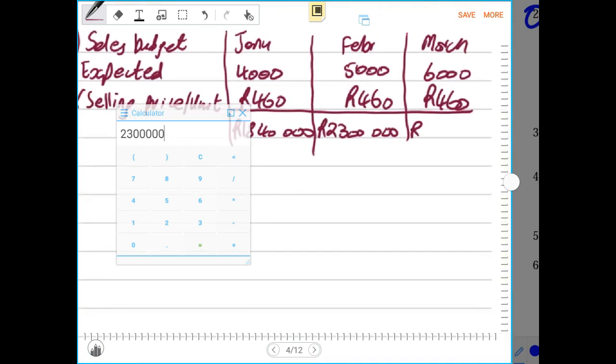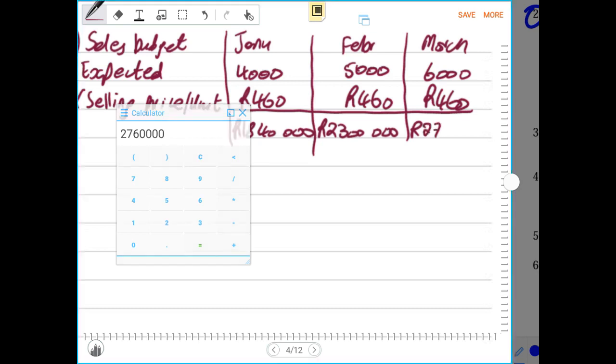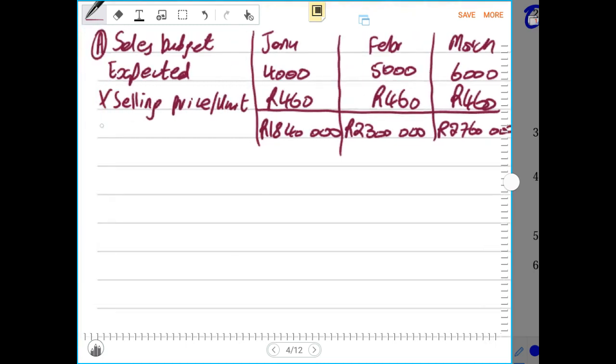And the last month will be 6,000, multiplied by 460, which gives us 2,760,000 Rand. This will be our estimated sales value.